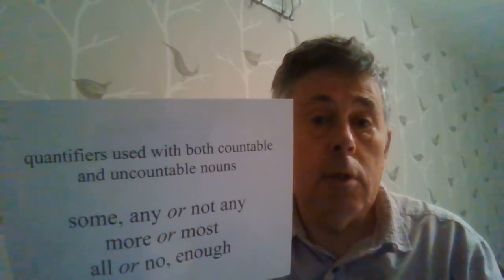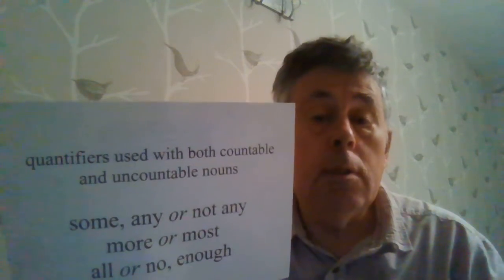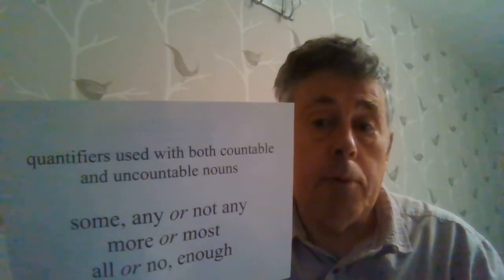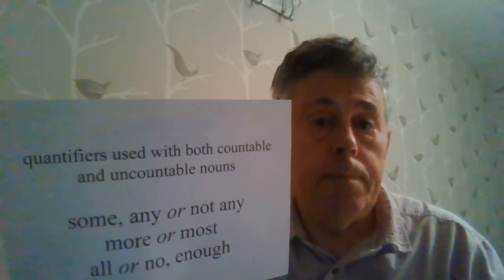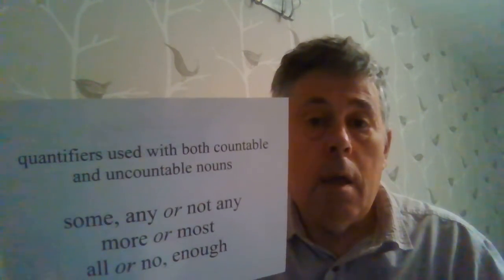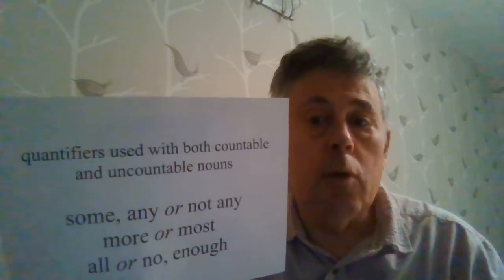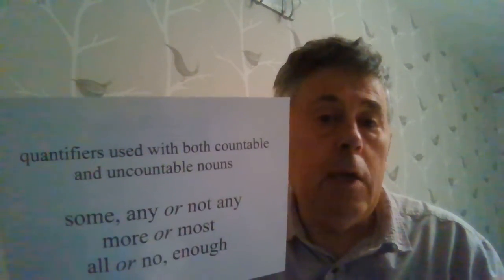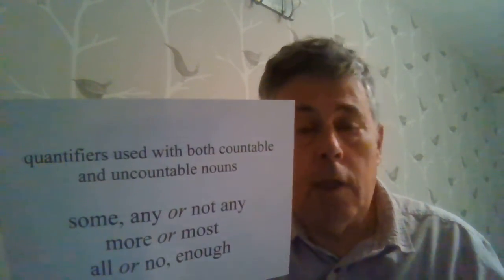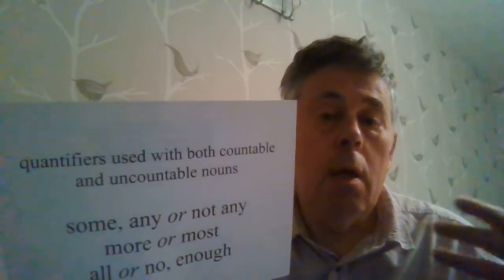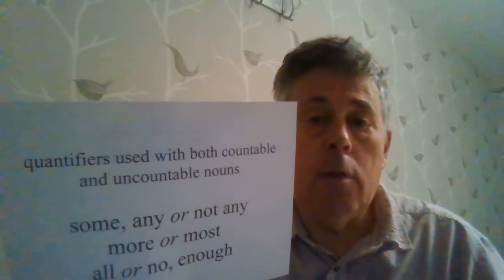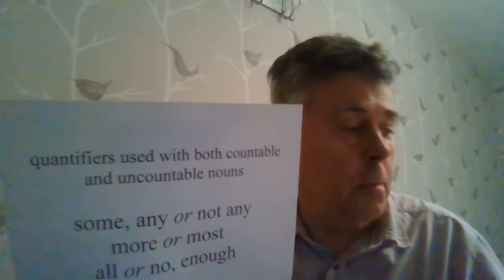So we can talk about some happiness, some apples. We can talk about more water, more men. We can talk about enough beer, enough books. And in each of these cases, we can use the words with an uncountable noun and with a countable noun. Okay.